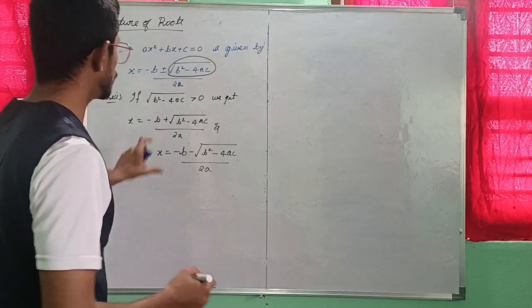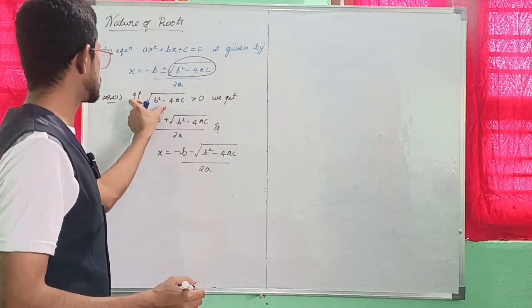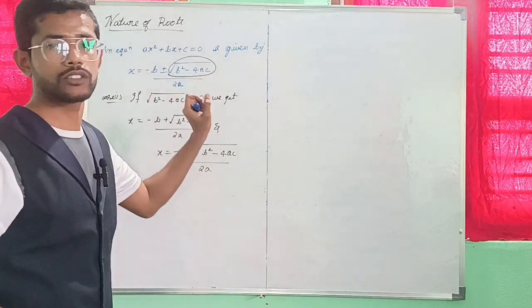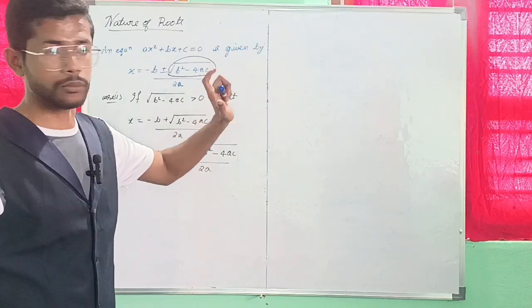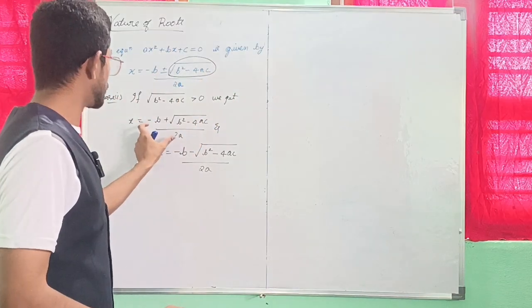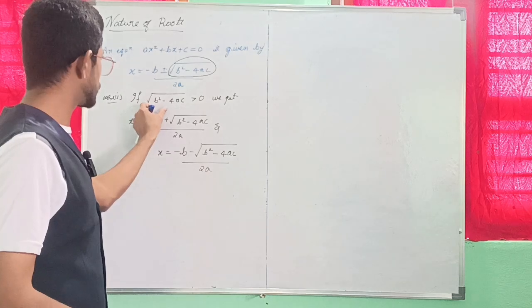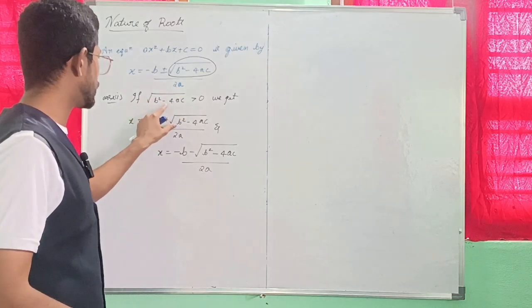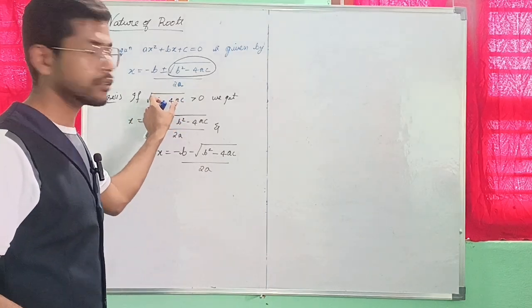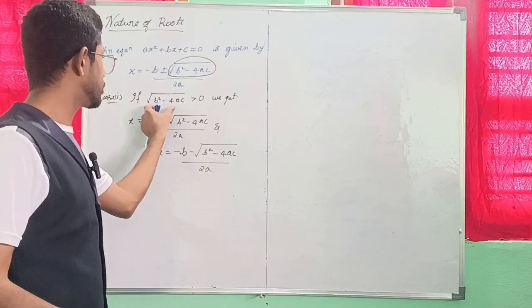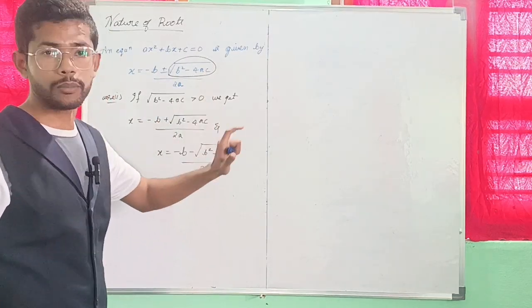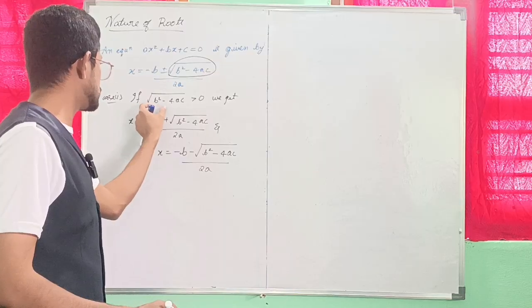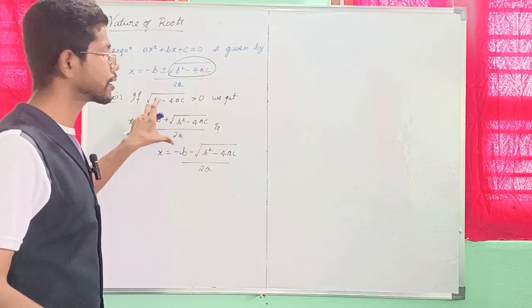When b square minus 4ac is greater than 0, it is a real number. This is case one.